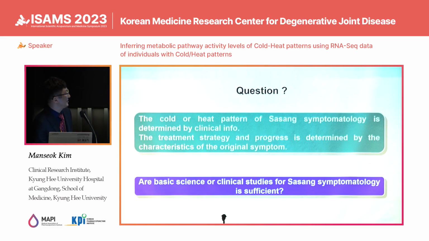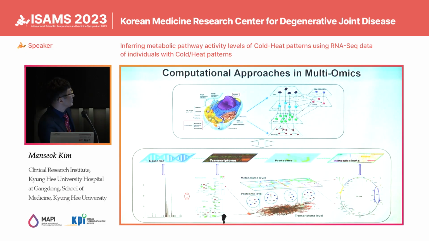And we still don't know what the functional mechanisms of the treatments are. That's why I'm here, to use our techniques, skills and know-how to find out what's going on in there. Simply put, we want to know what's going on inside cells.